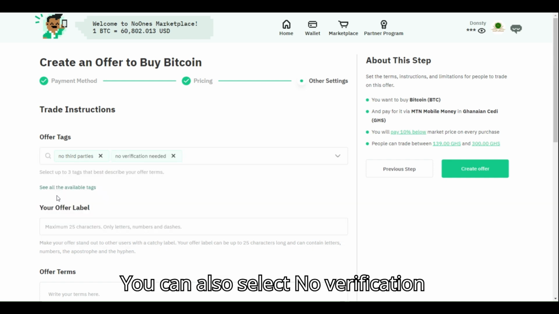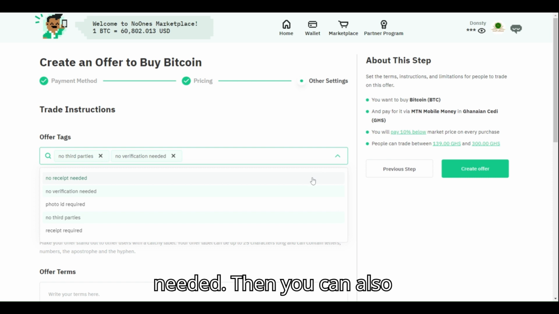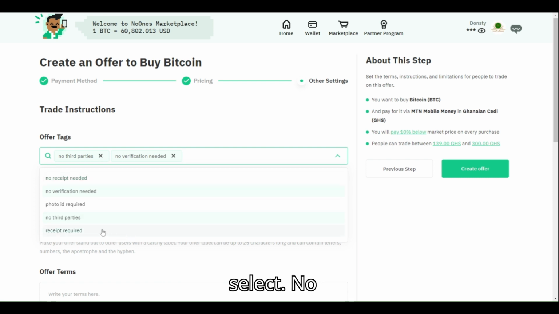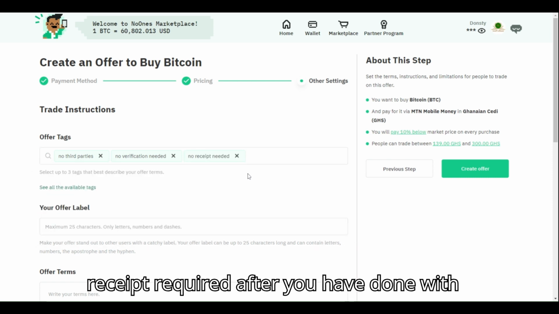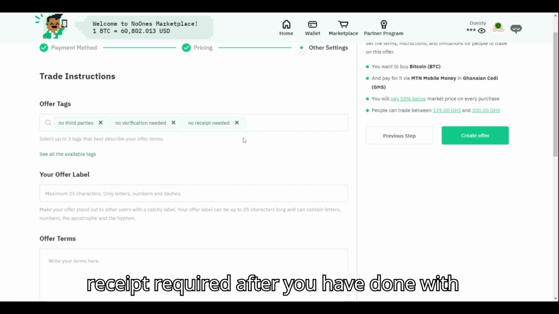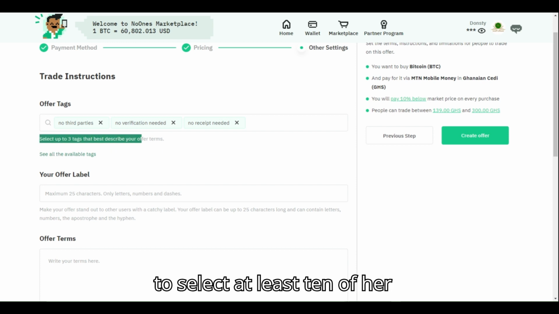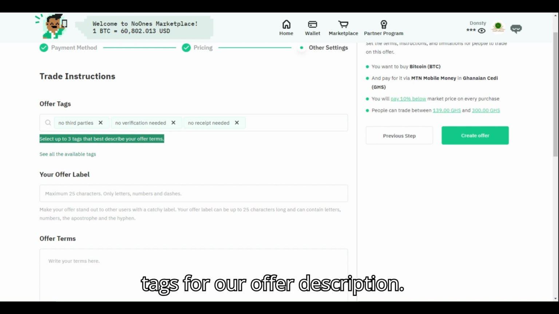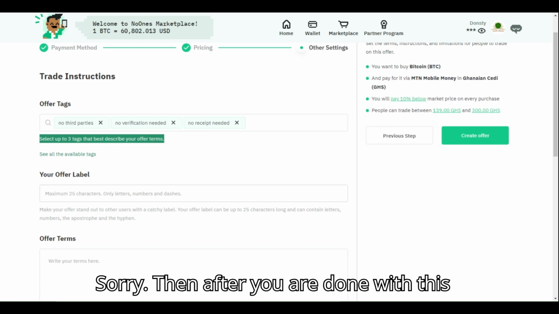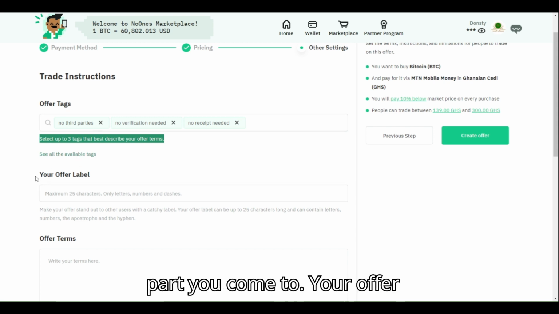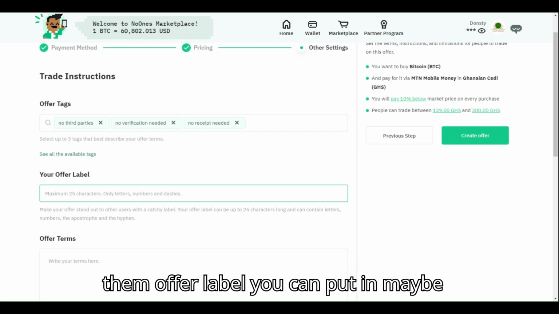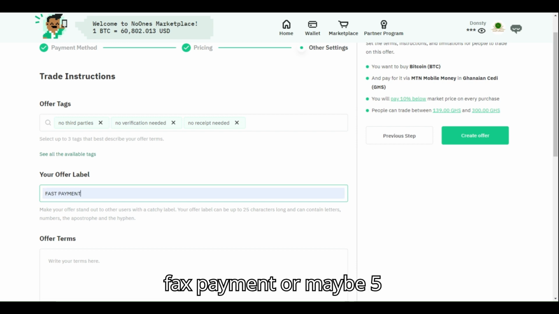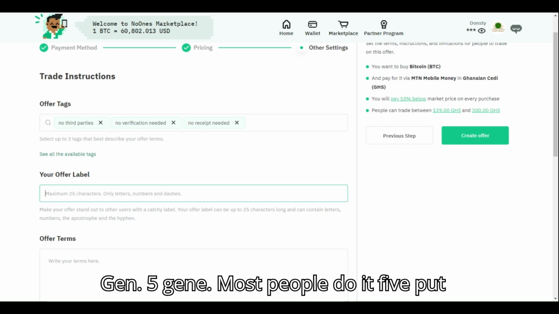You can also select no verification needed. Then you can also select no receipt required. After you have done with this side, because the system is asking us to select at least 10 offer tags for our offer description. Then after you are done with this part, you come to your offer label. For offer label, you can put in maybe fast payment, or maybe 5G.